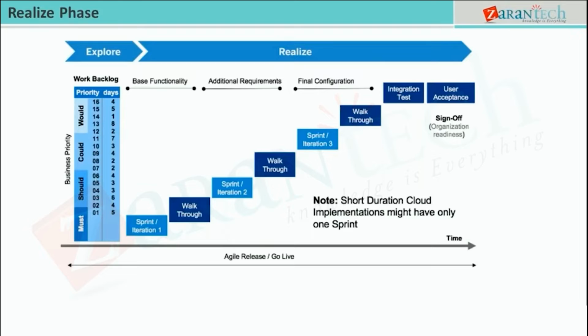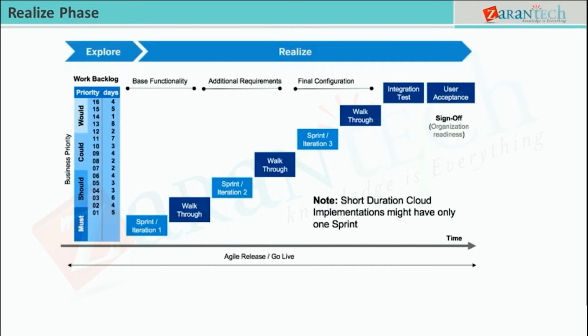A very important thing to discuss and remember is the way we implement the SuccessFactors project under this realize phase. The basic thing is that we don't keep on configuring for the entire duration of the project time that has been allocated, and then go to the customer all of a sudden at the last moment with surprises.